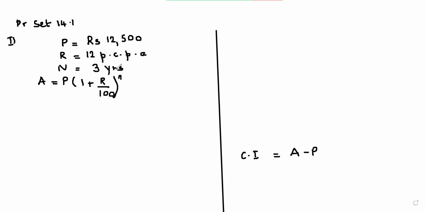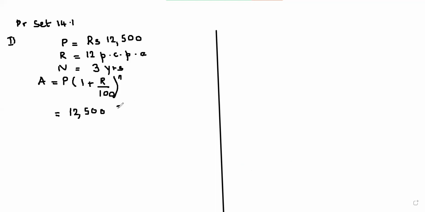So in this case, they are not asking you for the compound interest. We don't have to calculate the compound interest. How much money he has to pay? He has to pay the money along with the principal amount. So what is my principal amount? The formula is the same, 12,500.